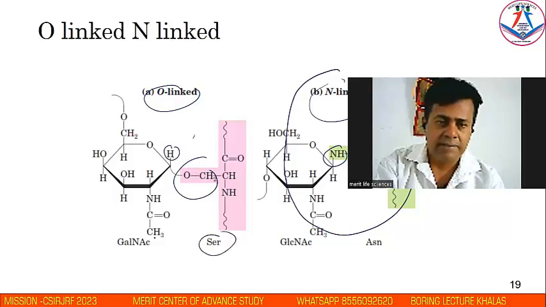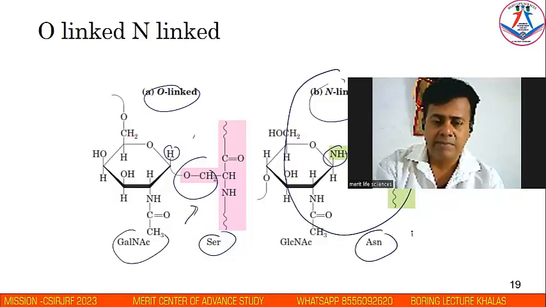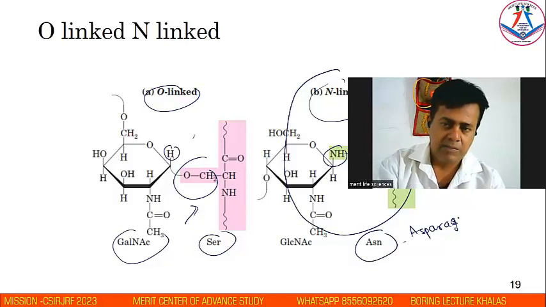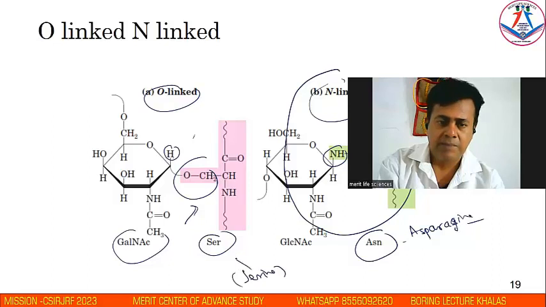Serine is mostly interacting to form O linked. Asparagine is mostly interacting to form N linked. Asparagine, I don't know how to write. And serine. Okay, this is the serine. Serine is what? An amino acid, right? This is an amino acid, and this is sugar.